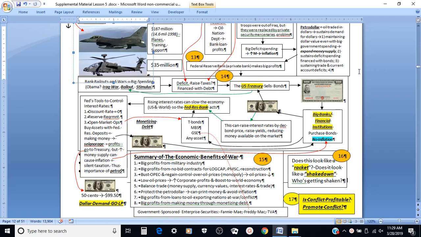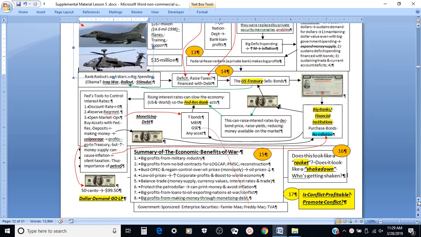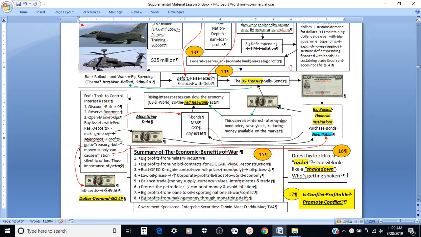All right, so I want to explain more of why the petrodollar is significant. So here's a quick bit of economics. When you have big spending, right? For example, the war or the bank bailout from the 2007 crash and the stimulus package thereafter, all this required big deficit spending, spending more than we're taking in through taxes.